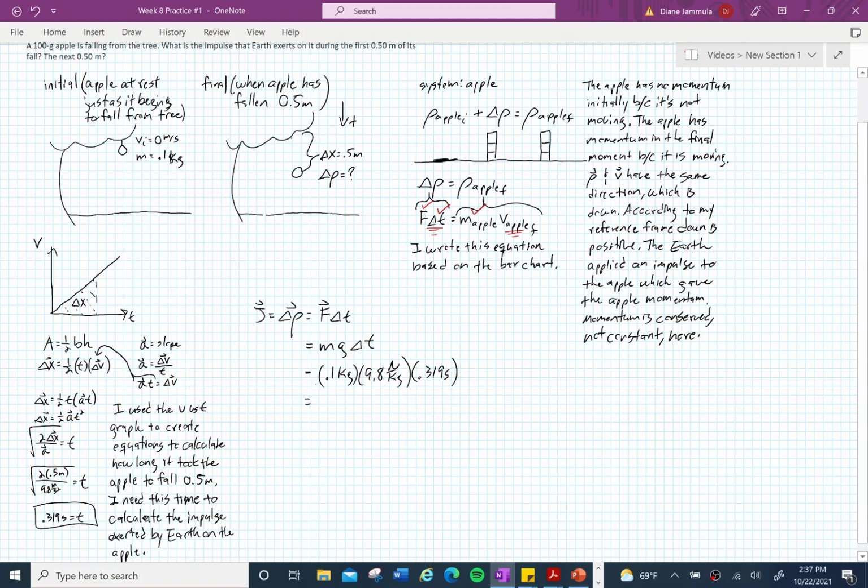Let's see what we get if we multiply that out. Okay, I get 0.313, and my unit comes out to a newton times a second. And that is the unit for impulse.